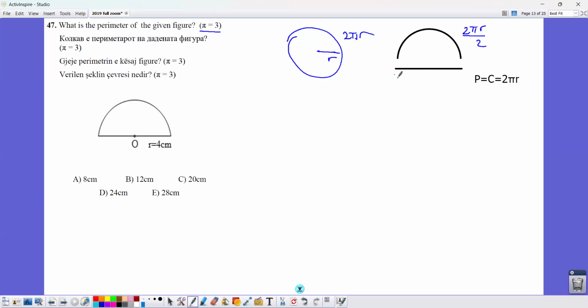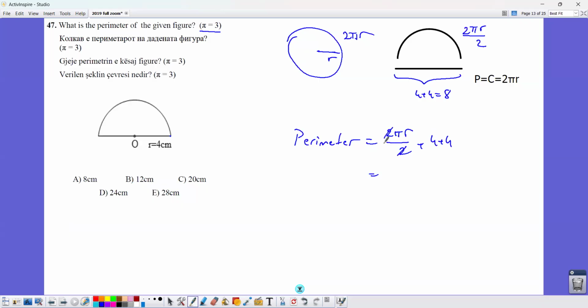And this part, we have one from O to this point, it's r. From O to the other point, it's the same. So if this part is 4, full of it is 4 plus 4, 8. So the perimeter that we are looking for will be 2 pi r over 2 plus 4 plus 4, or 8, you can write directly.